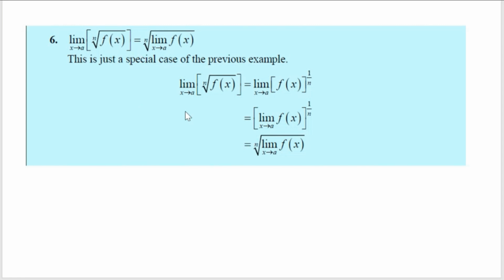The limit of the nth root of f of x as x approaches a is equal to the limit of f of x raised to the power of 1 over n as x approaches a. They are just the same, showing only that they are equal.